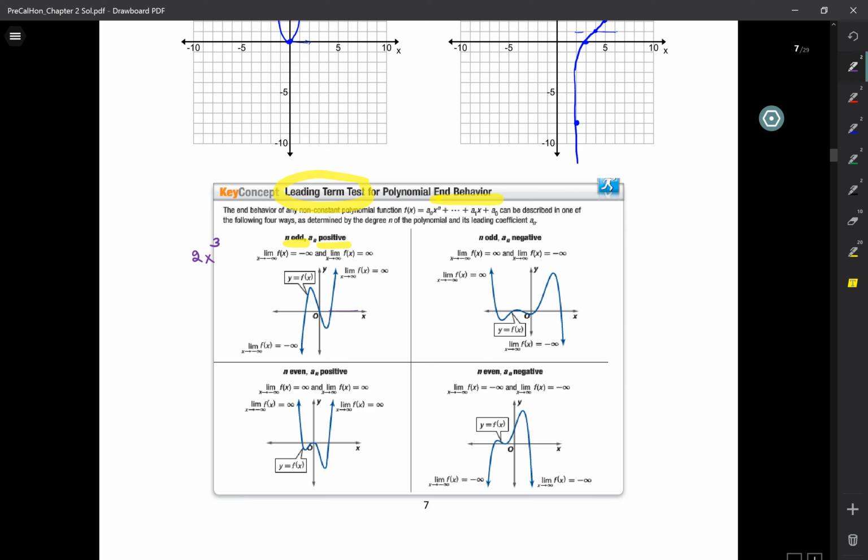And you can see as x approaches positive infinity, it goes up to positive infinity. As x approaches negative infinity, it goes down. Okay? However, if n is odd and a is negative, so if I have negative 2x cubed, then as x approaches negative infinity, I go up to positive infinity, and as x approaches positive infinity, I go down.